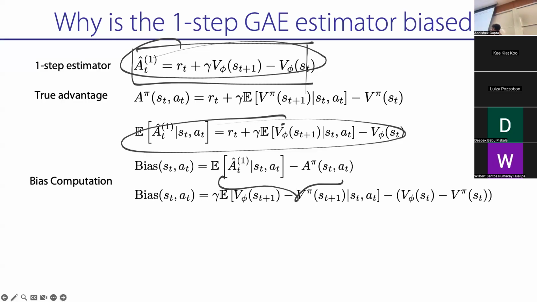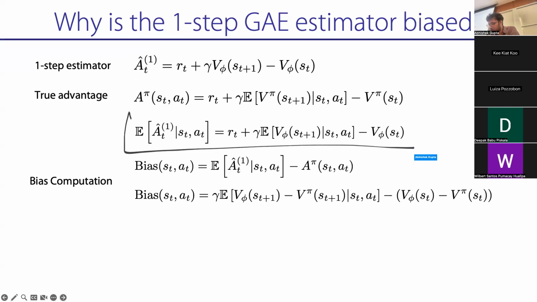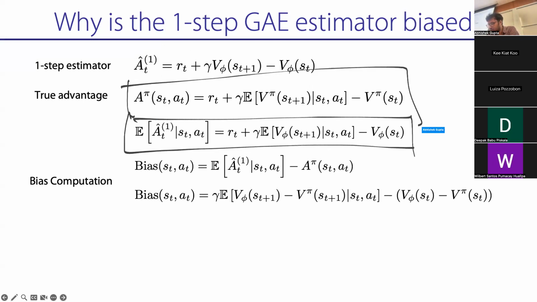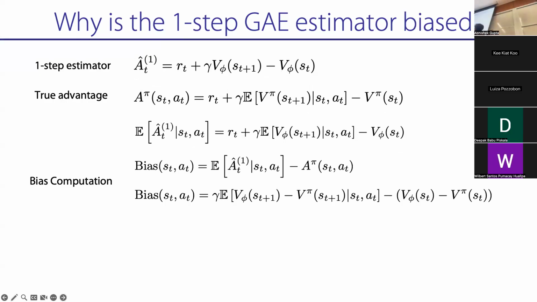If I do some substitution here, you can take this expression and subtract this expression, so these terms cancel out. You're left with gamma times this minus this, and minus this minus this. So your bias comes out to be gamma times the expectation of V phi minus V pi, minus V phi minus V pi.